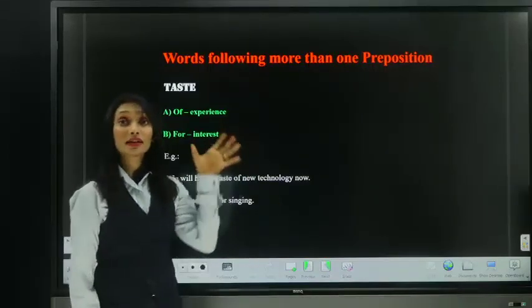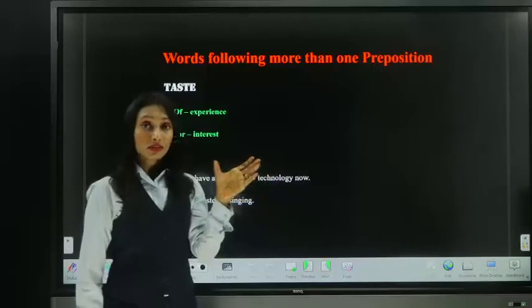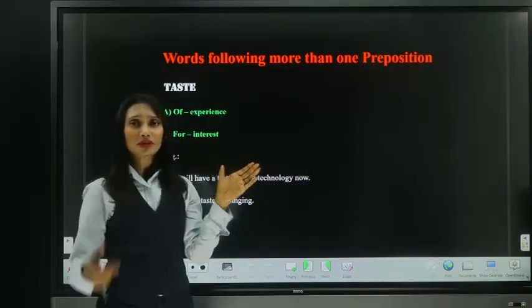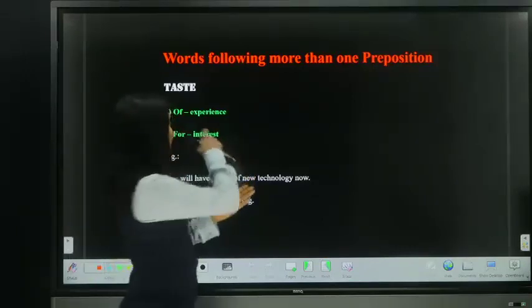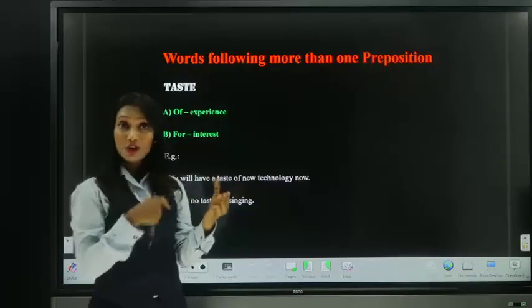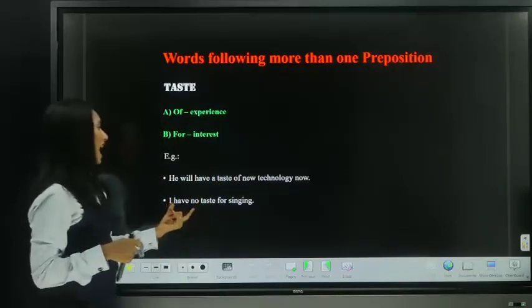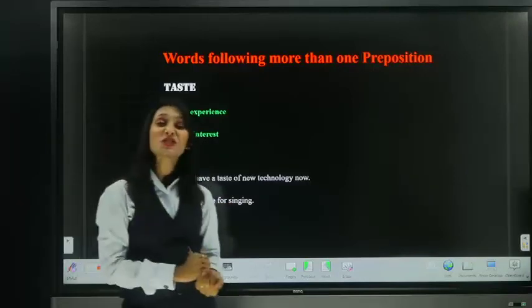He bought a new mobile. Suppose he bought an iPhone 11. So now when he uses the iPhone 11, so far he has been using Android, now he will have a taste of new technology, an experience of it. And I have no taste for singing, no interest.